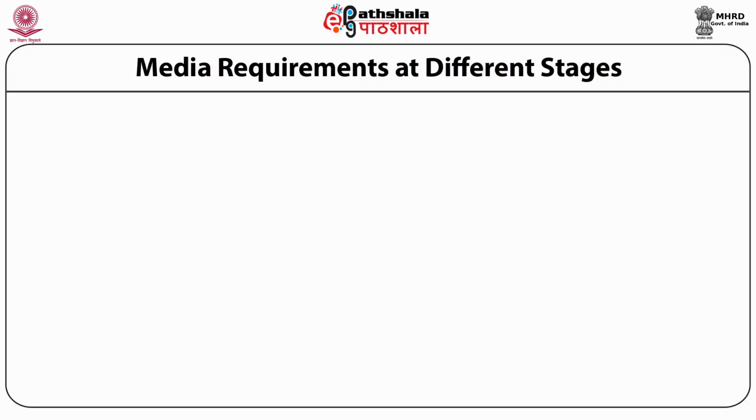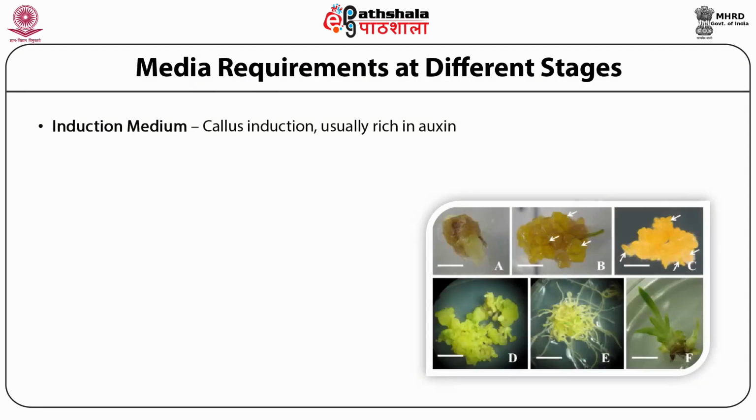There are different requirements. In case of shoot bud regeneration, you require an induction media. Callus has to be induced and has to multiply very fast, and that is usually achieved on media rich in auxin. Now this callus can be multiplied indefinitely, but your ultimate objective is to get shoot buds, and therefore you transfer it to another media.